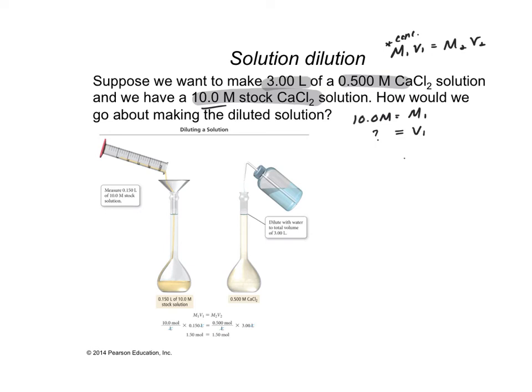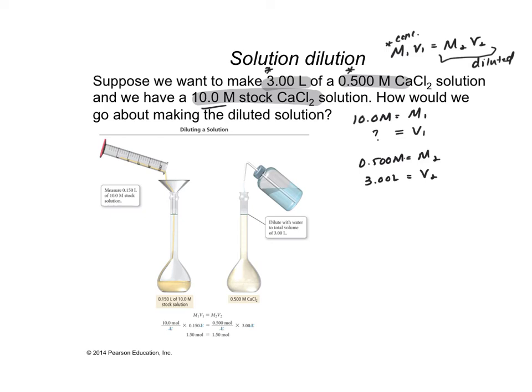Now, we do know the diluted side. We know that the concentration of our diluted solution is going to be 0.5, so this is M2, and we want to make a total volume, V2, of 3 liters. Okay, so again, we have an equation, M1V1 = M2V2.